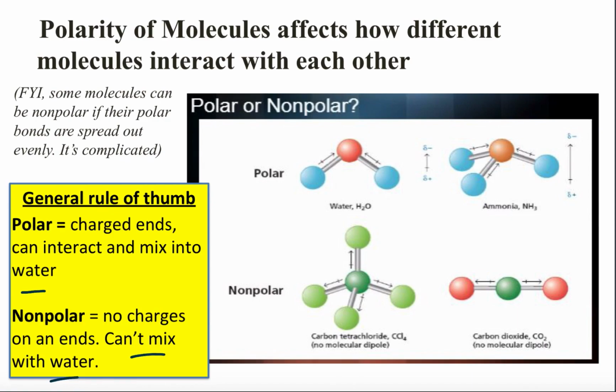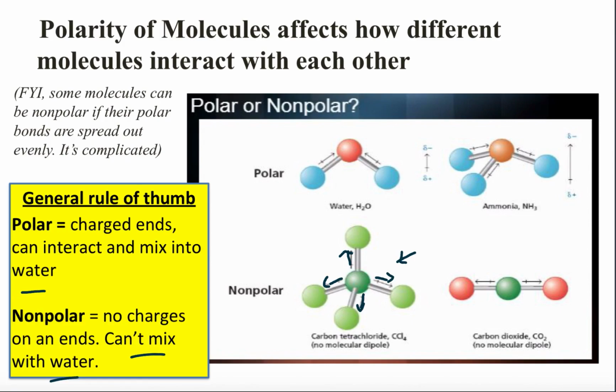Now, just a heads up, it's going to be a little bit confusing, but sometimes polar bonds can lead to nonpolar molecules if those polar bonds evenly pull the molecule in all directions, and they end up evenly spreading out their charges. That's complicated, so let's not even worry about it.